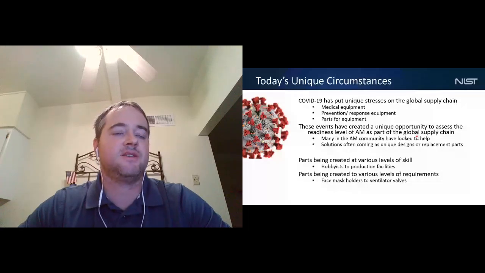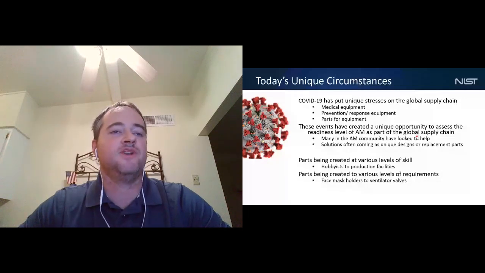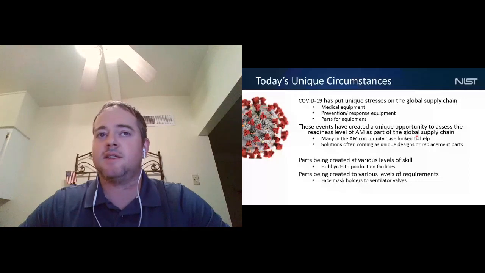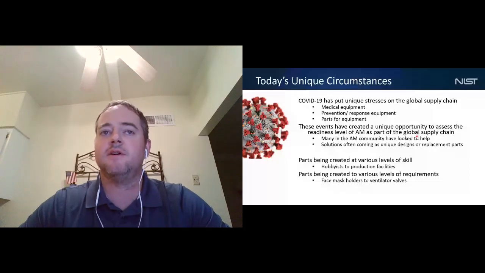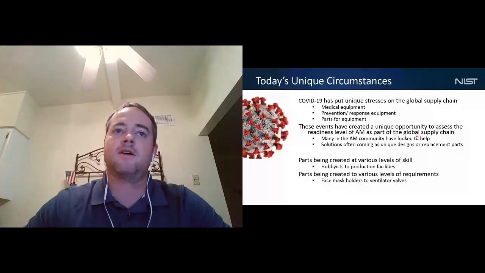So as I mentioned, the circumstances are really creating an opportunity for what we do in additive manufacturing and 3D printing. And across the supply chain, it's given 3D printing and additive manufacturing a little bit of new visibility, and some of the implications that can have across the global supply chain.